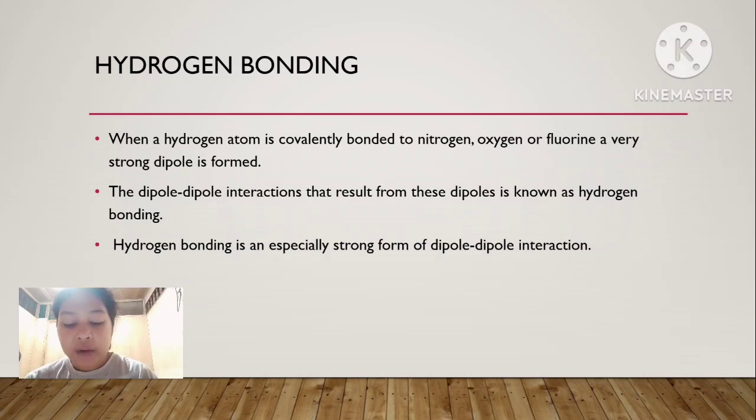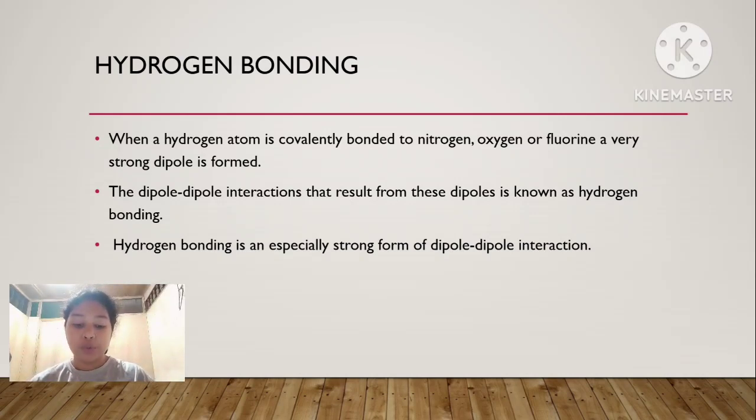This atom becomes slightly negatively charged and the hydrogen atom becomes slightly positively charged. Thus a dipole exists. The hydrogen bonding is an attraction between a partially positive hydrogen in a polar molecule and a slightly negative atom in another molecule.